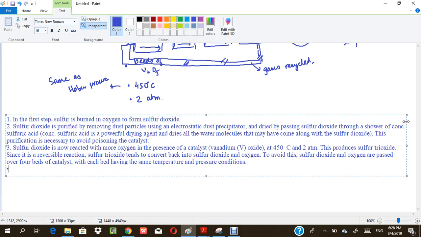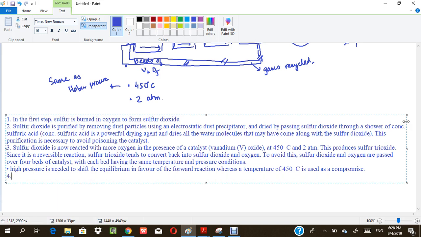Now we'll write down: higher pressure is needed to shift the equilibrium in favor of the forward reaction, whereas a temperature of 450 degrees Celsius is used as a compromise. Why? Because again, the reaction between sulfur dioxide and oxygen is an exothermic reaction.